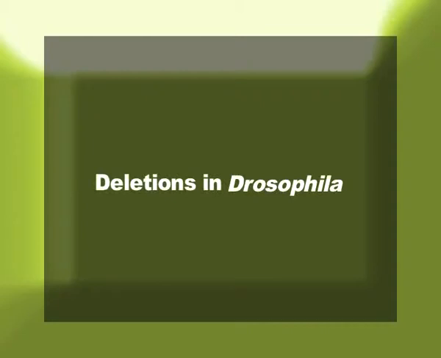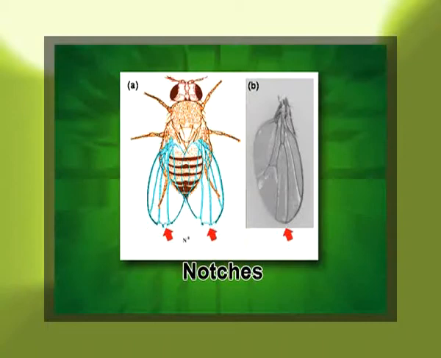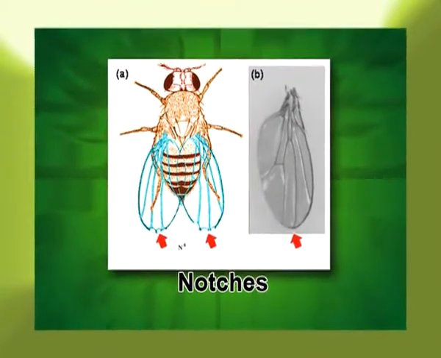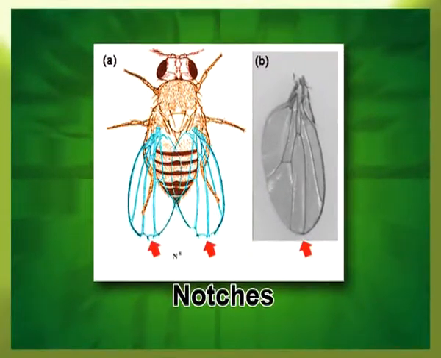Deletions in Drosophila. One more phenotypic consequence of heterozygous deletion can be noted in the mutant Notch phenotype in Drosophila. In these flies, the wings are notched on the posterior and lateral margins.